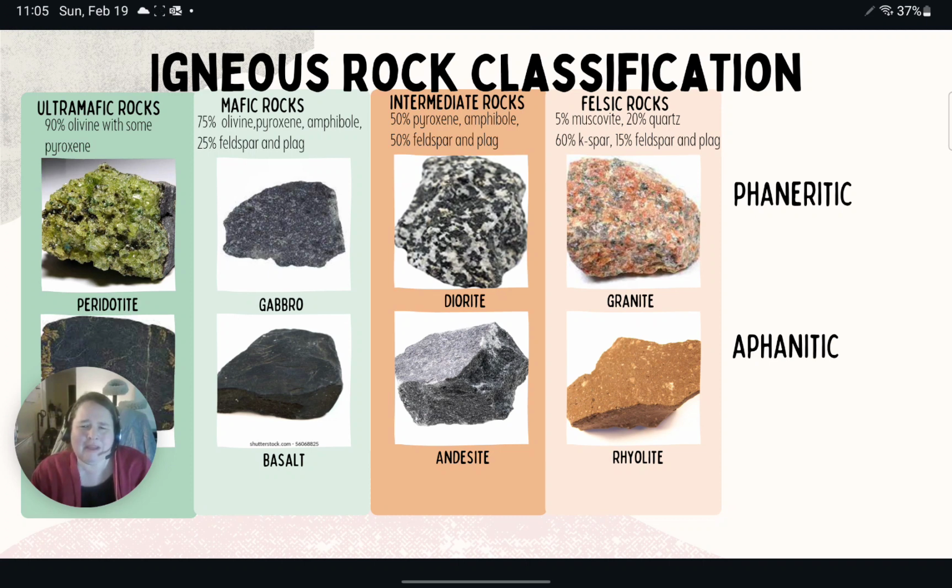So it must be a felsic rock and it's phaneritic. We've got lots of big grains in there. So we know this one's granite. The same chemical makeup as granite, if it's aphanitic, because it cooled rapidly, you get a rhyolite.